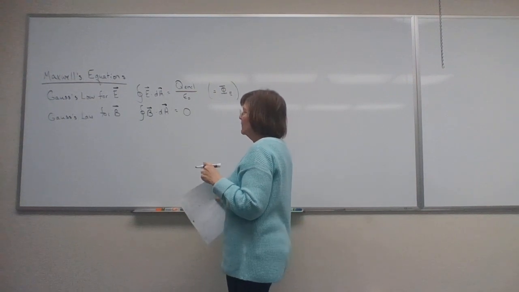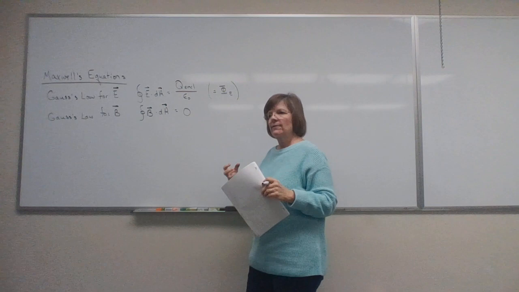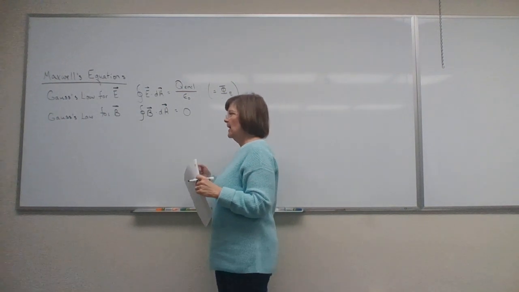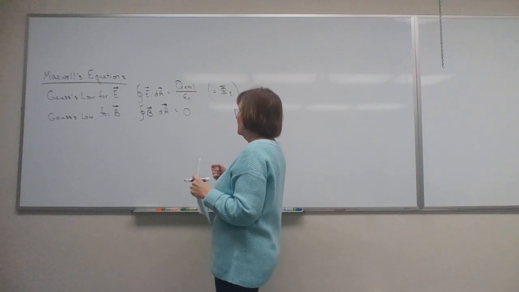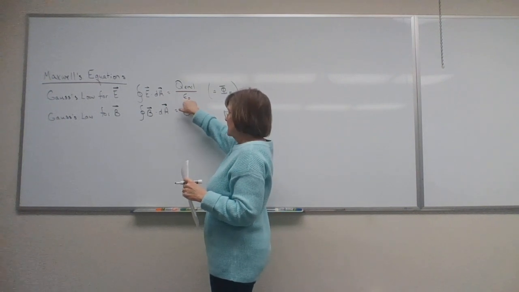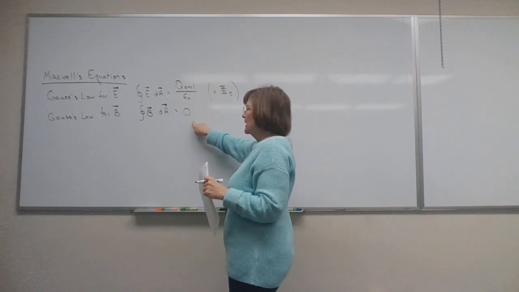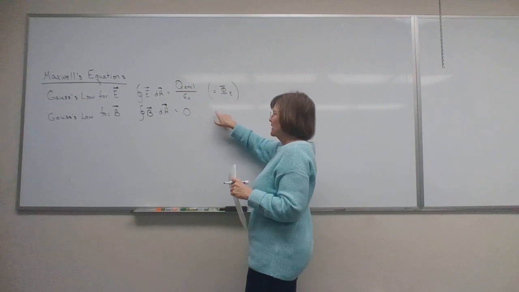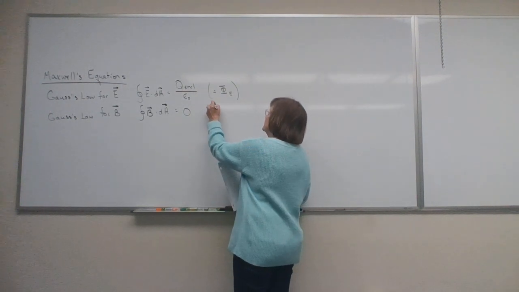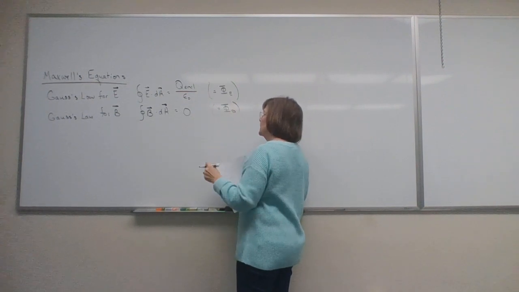The magnetic flux through a closed surface is always going to equal 0, because the amount of flux into the surface and the amount of flux out of the surface will have to equal 0. Okay? So very similar looking. One says it's the enclosed charge over epsilon naught. If you're looking at magnetic flux, the magnetic flux for a closed surface is 0. This would be the magnetic flux, but that magnetic flux would be 0.